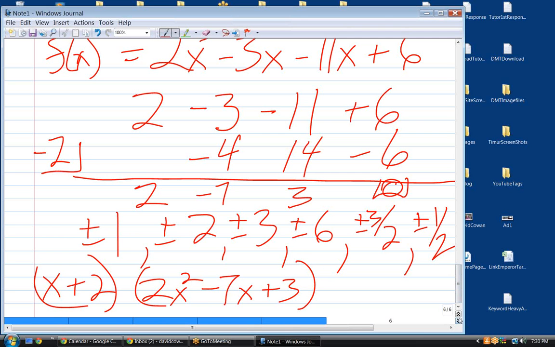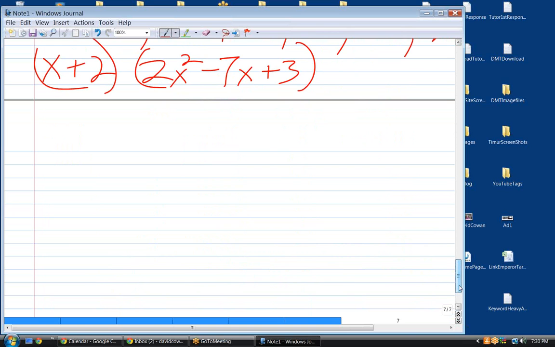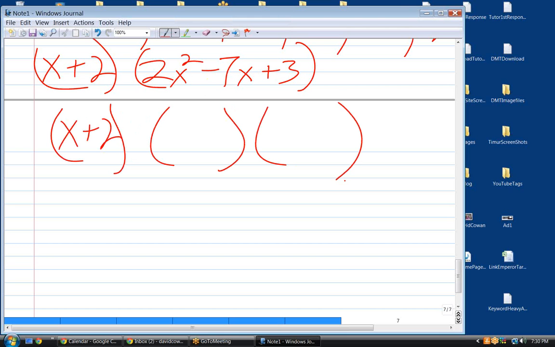Now, once you've reduced it to a quadratic and a linear factor, we're done. We don't need to use the rational factor theorem anymore. If I have to, I can, but I don't even have to, because that factors nicely. Let's practice your factoring. What does that factor into? What are the signs?